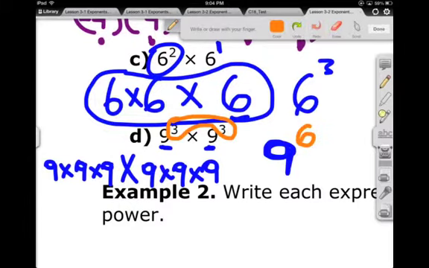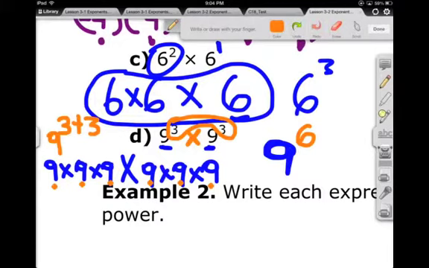6th power. Now, again, notice that we're multiplying. So when we're multiplying, how many times is the base being multiplied? 1, 2, 3, 4, 5, and 6. So it must be okay to say that this is the same as 9, the base, to the power of the sum, and the rule is you can just add the powers.